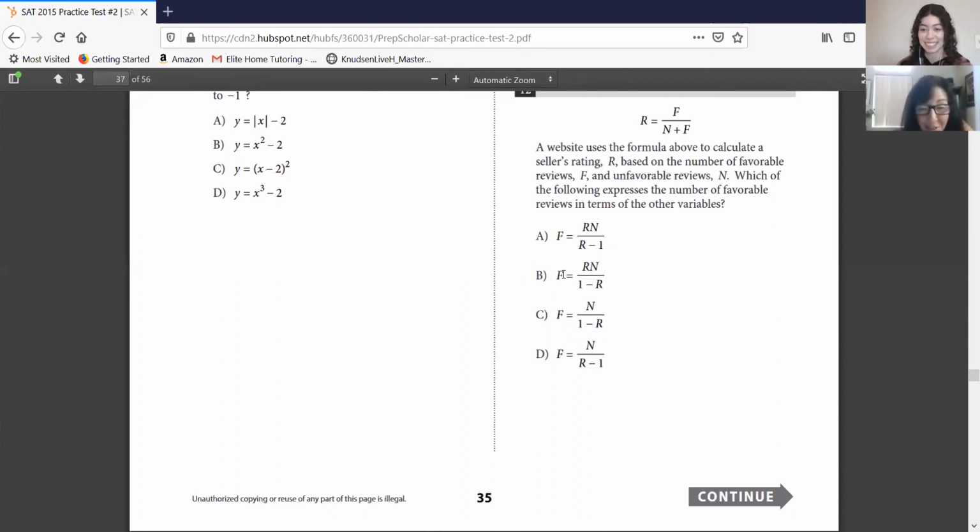In B, when we plug in 4 for F and -2 for N, and we work it out, it works out that you have 4 is equal to 4. But A will not give you that same answer. My guess is that you did not solve by plugging into the variables. So that's a second strategy.